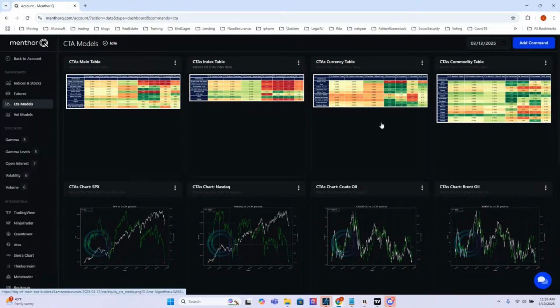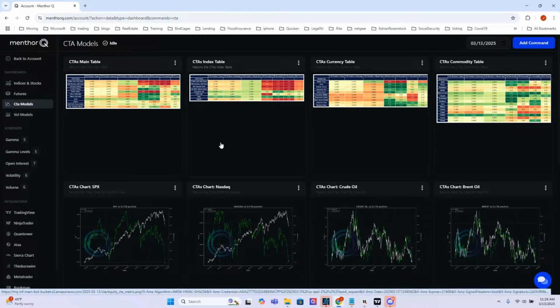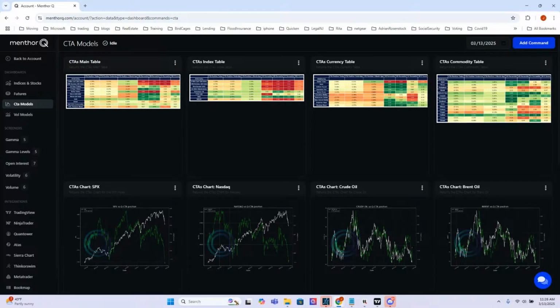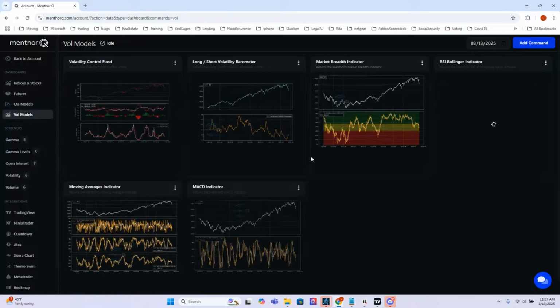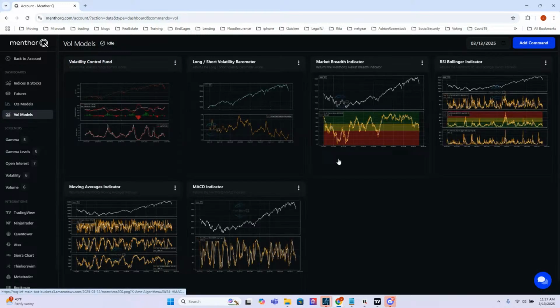Okay, so the next thing I will look at is these vol control models. And what you can see, they've got a couple of different things here also. Again, from my perspective, it just kind of confirms the same things that I've been saying before.